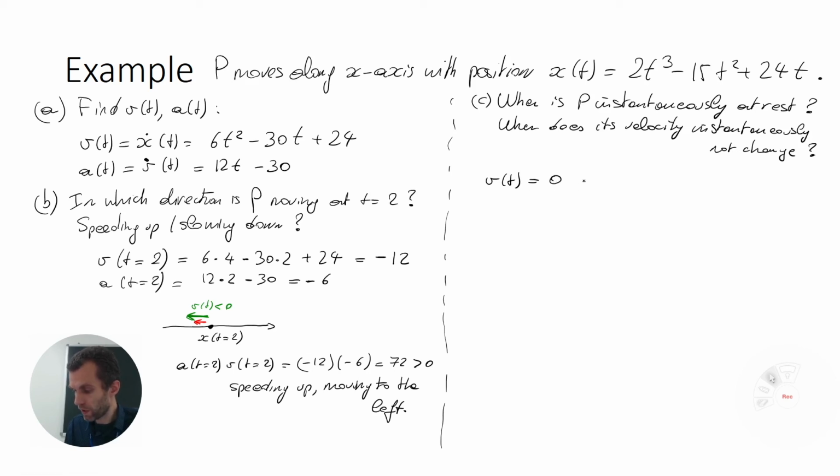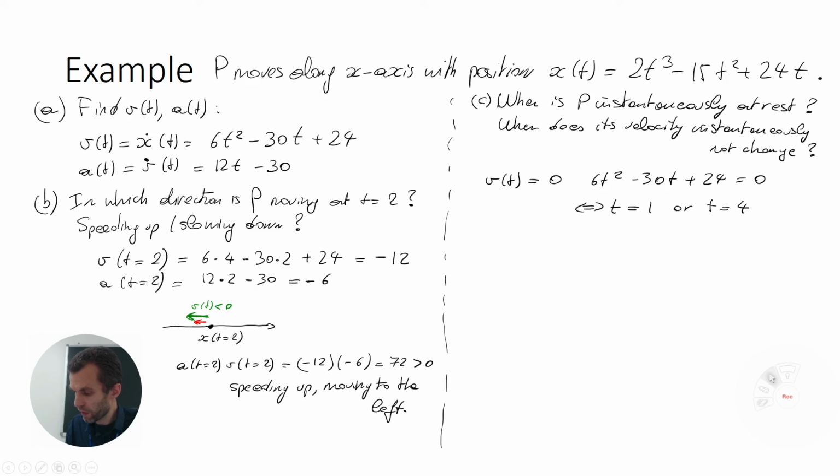So v of t is 0 if 6t² minus 30t plus 24 is equal to 0. And I will let you solve that quadratic equation yourself, but you should get that t is equal to 1 or t is equal to 4.